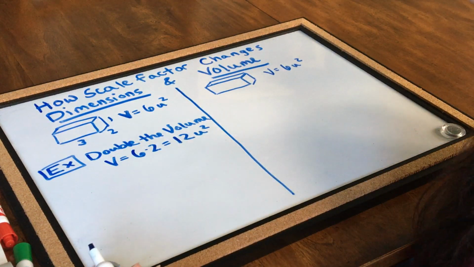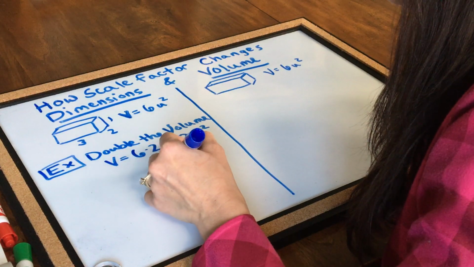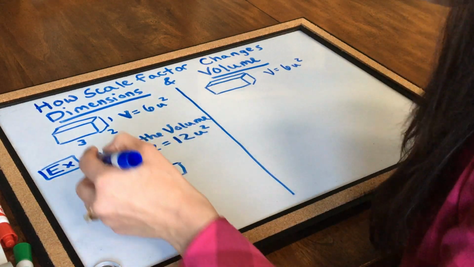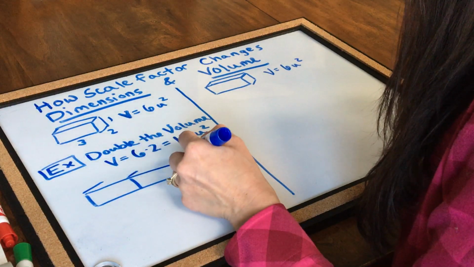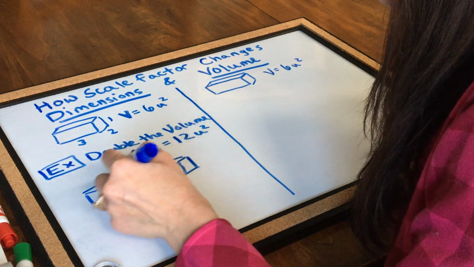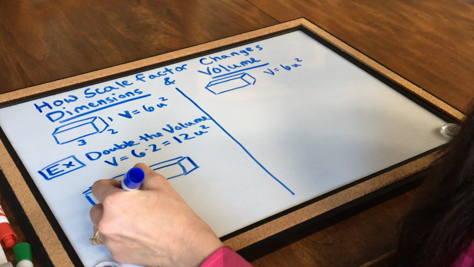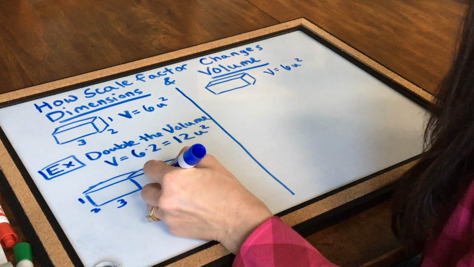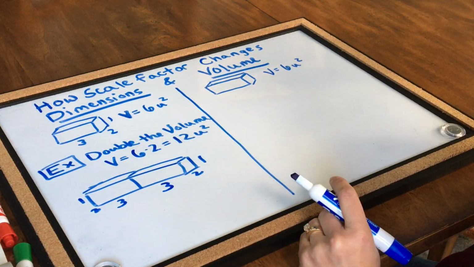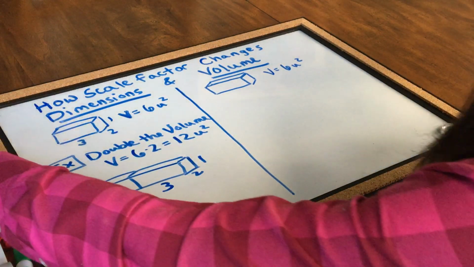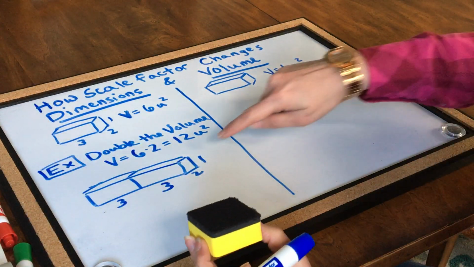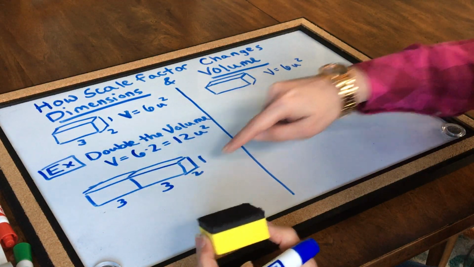And when we double the volume, I'm going to try to draw the picture of this that explains it. So what I've decided to do is stick 2 boxes right next to each other. So this is my 3 by 2 by 1 box, and I've just stuck another 3 by 2 by 1 box next to it. Okay? But what we can see is the height and the length haven't changed.